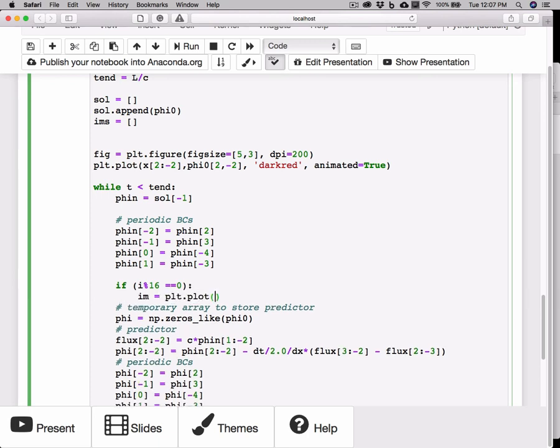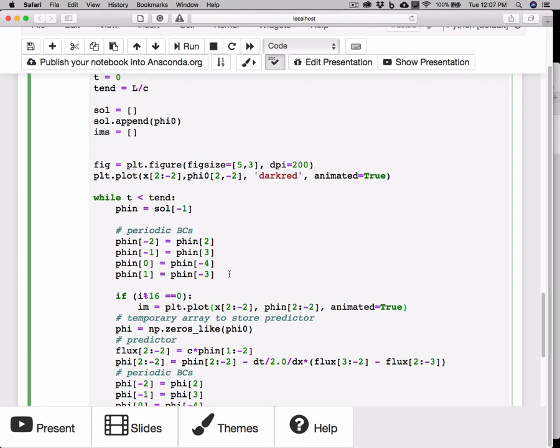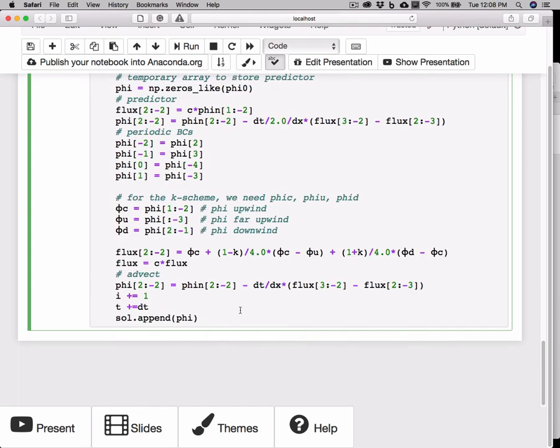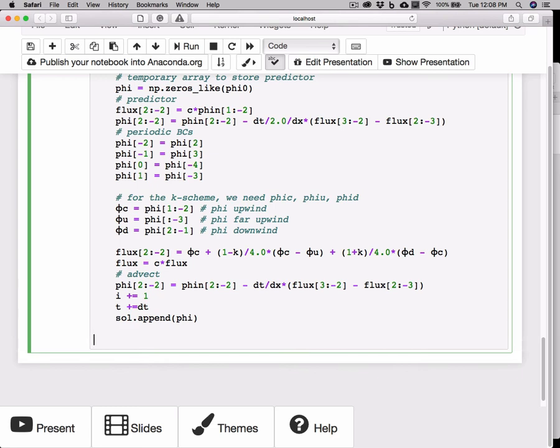Plt dot plot x 2 to minus 2, phi n from 2 to minus 2, correct? That's what I'm plotting, and then animated equal true. Actually, I don't need the initial condition. And then images dot append im. So this is like a pretty fast and ugly way to do an animation.